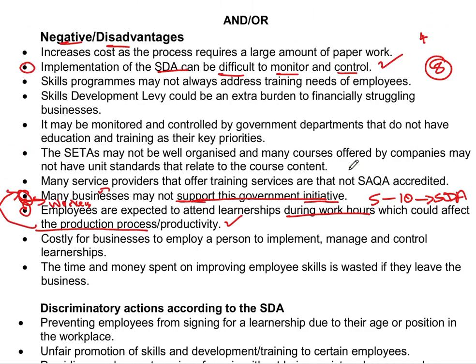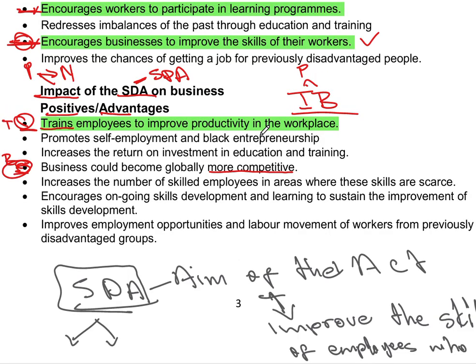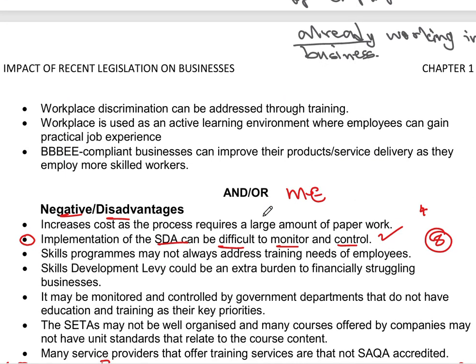Let me try to make a mnemonic here. Whenever you see them asking you about the impact of SDA, just think of TBE. So this is our negative, TBE. So one day I'll ask you, what is TBE?